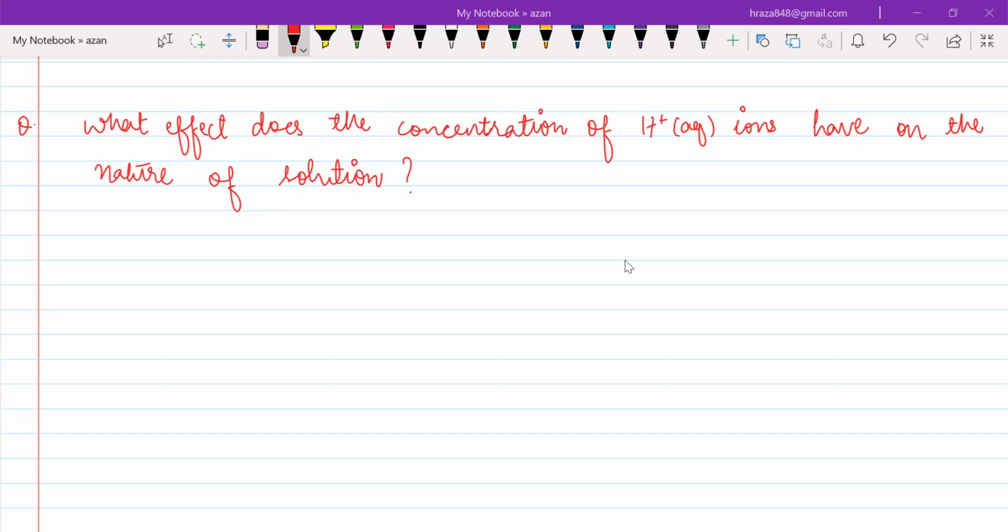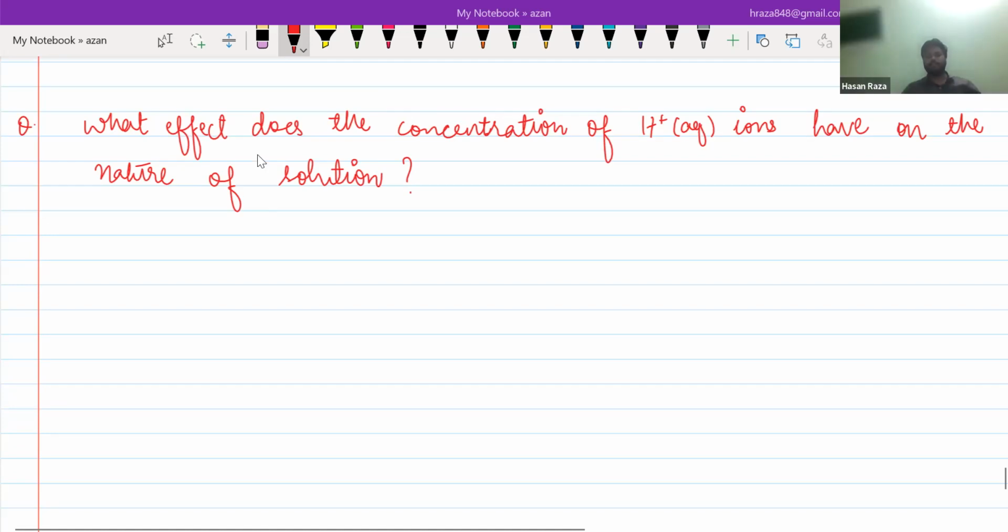Can you do this question? Very good. That means it has an effect, like if you increase the concentration of H plus, the solution becomes acidic.